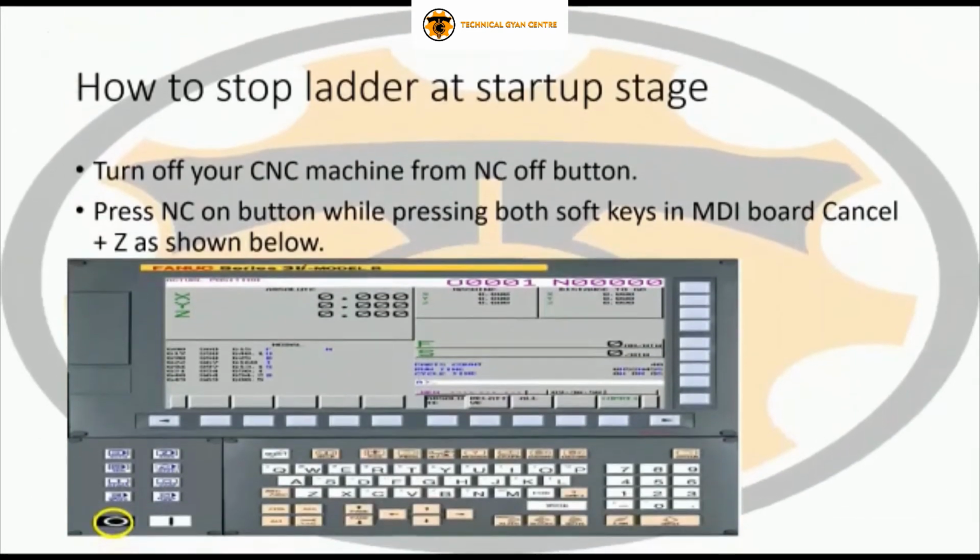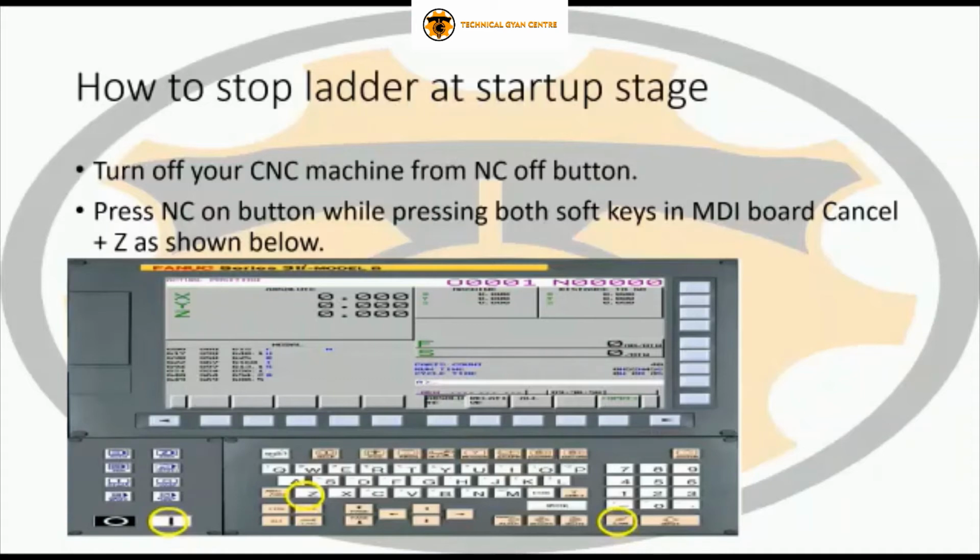Sixth shortcut is how to stop ladder startup. This is a very important and critical shortcut for you. Imagine you want to edit some parameters and you have forgotten the password of the ladder, then what do you do? Just power off your machine and press cancel plus Z with the NC on button.